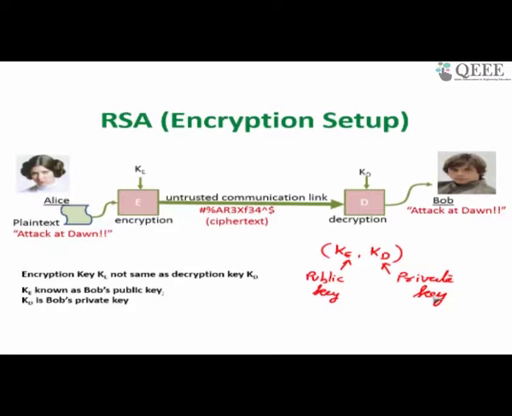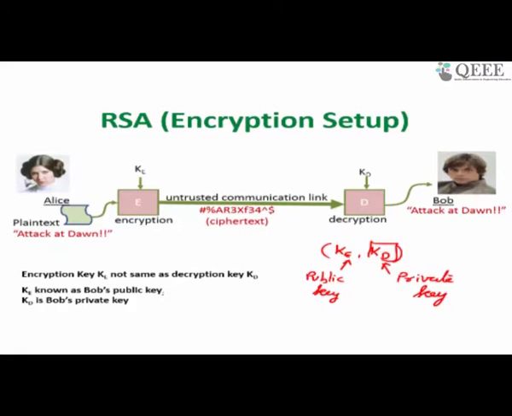Bob would create this key pair KE and KD. He would keep KD private to himself while he would make KE public on the internet, maybe publicize it on his website and so on.